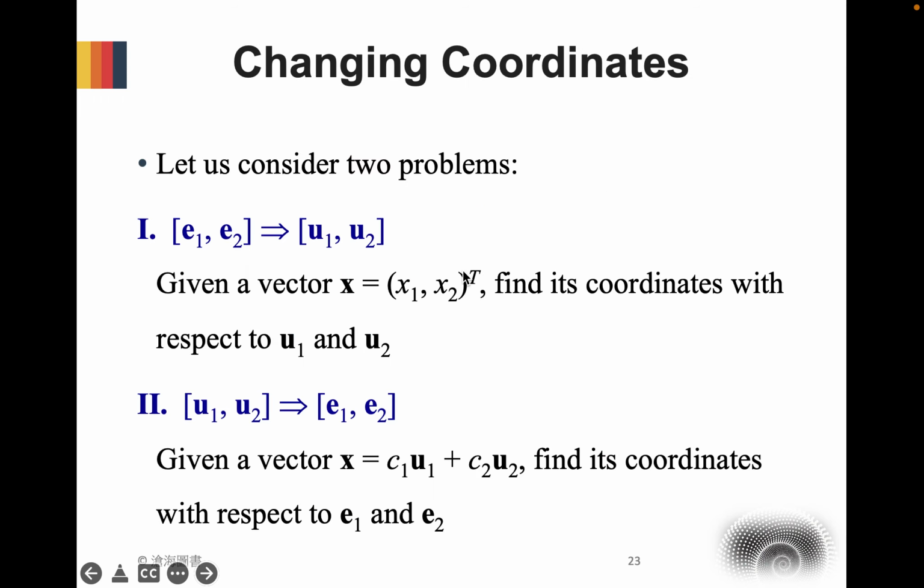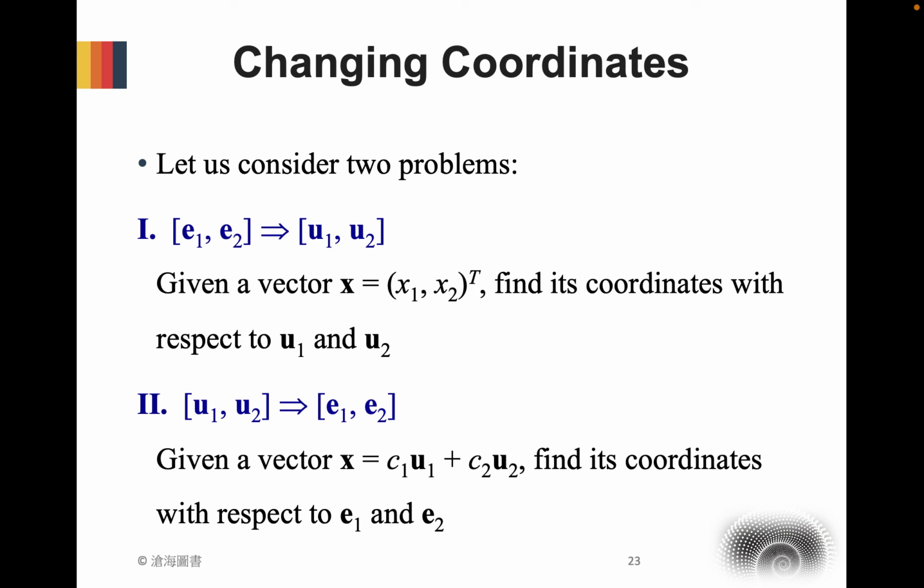Okay? And in fact, we can change the coordinate system. Originally, we may represent a vector x with respect to e1 and e2, and now we want to represent the same vector x with respect to another basis u1 and u2. How can we do this kind of transformation in a systematic way?